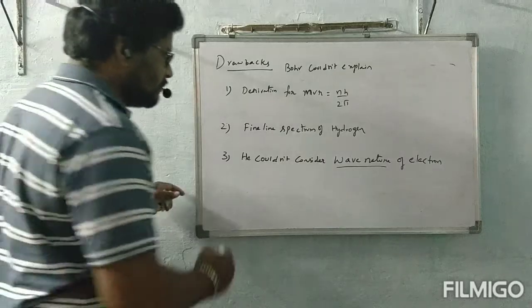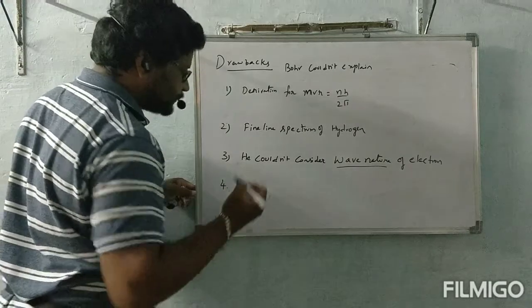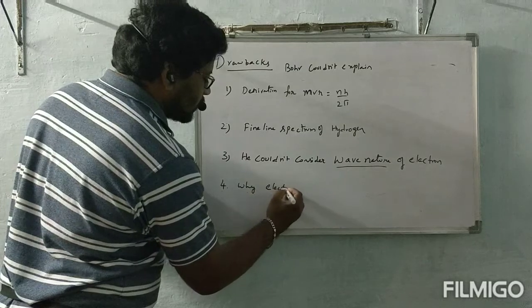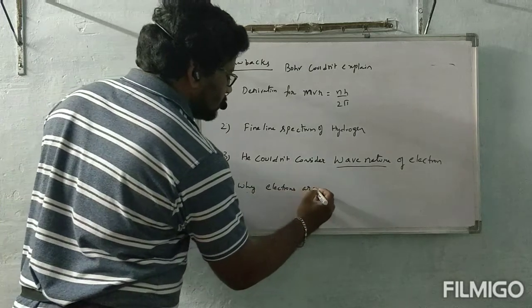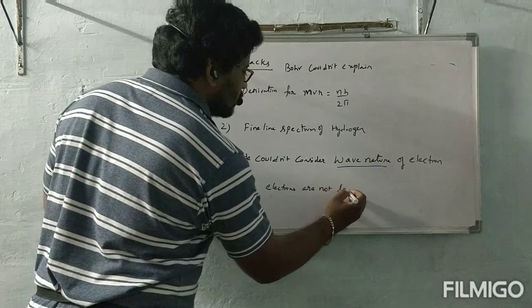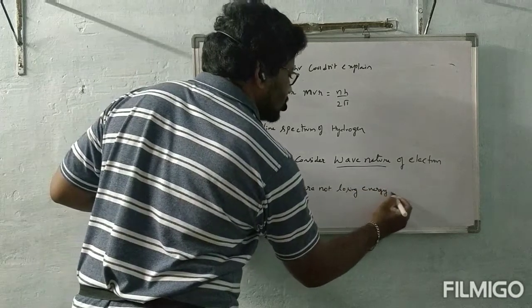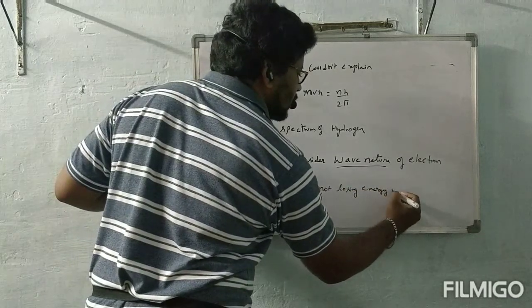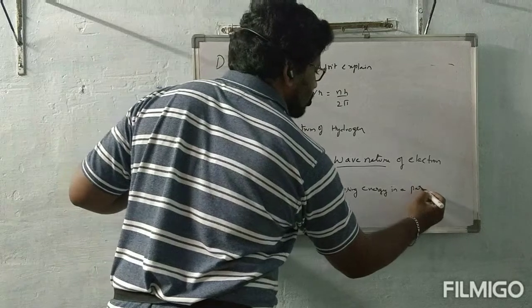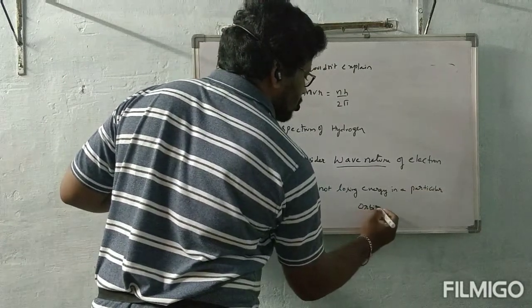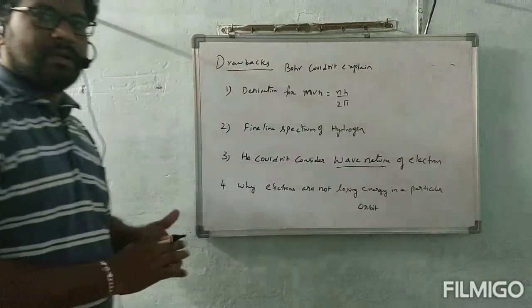Okay, next, fourth point, why electrons are not losing energy in a particular orbit. This point was not explained.